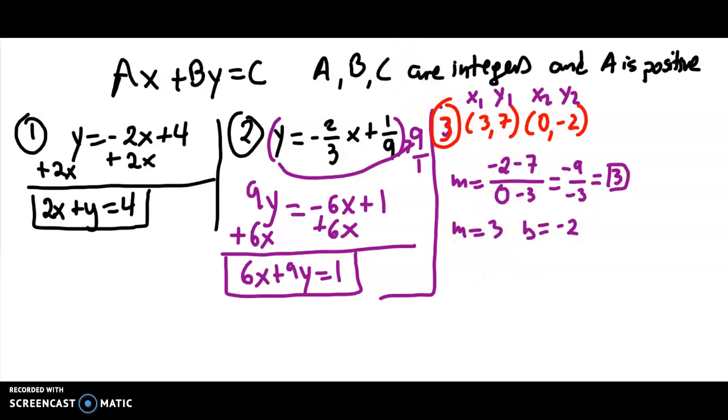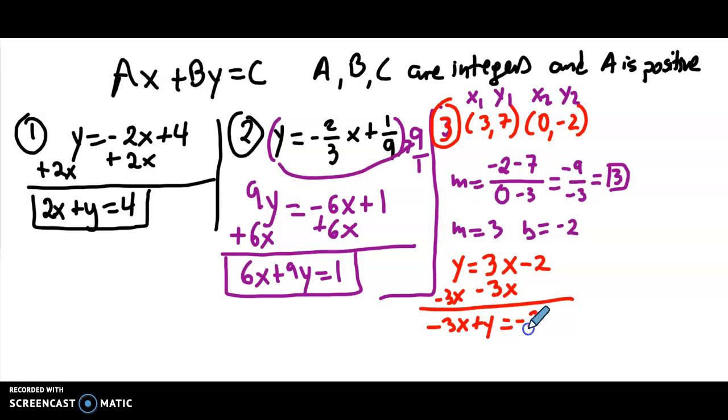I'm going to pick it up right now with slope-intercept: y equals mx plus b. I want to make slope-intercept look like standard form, like this up here. So I want the x's and the y's together. I'm going to undo the x term. That gives me negative 3x plus y equals negative 2.